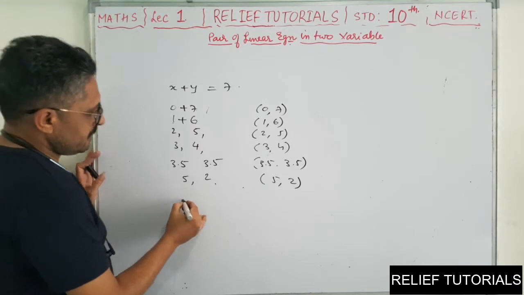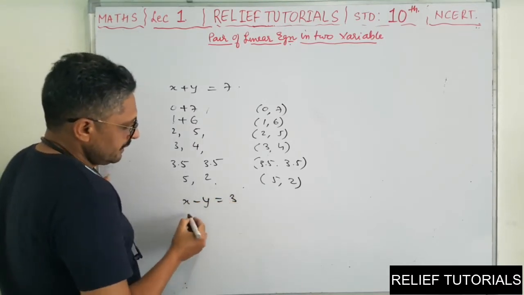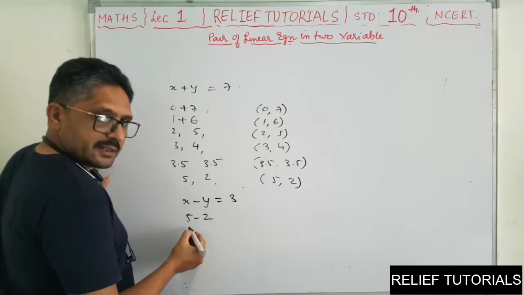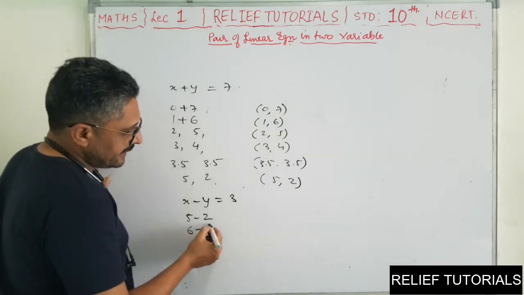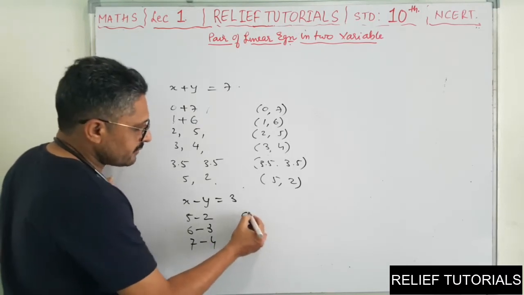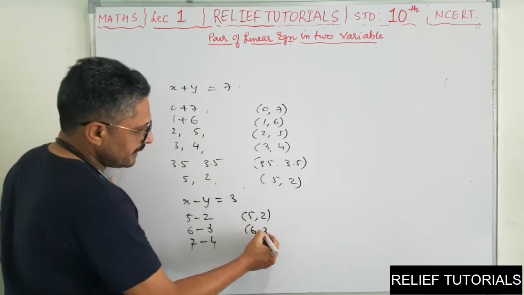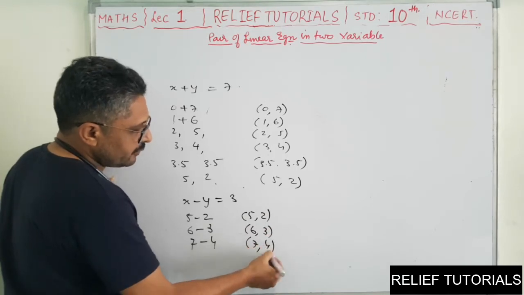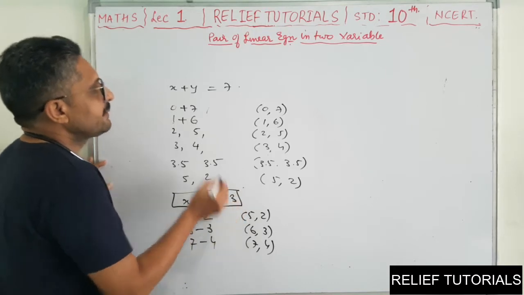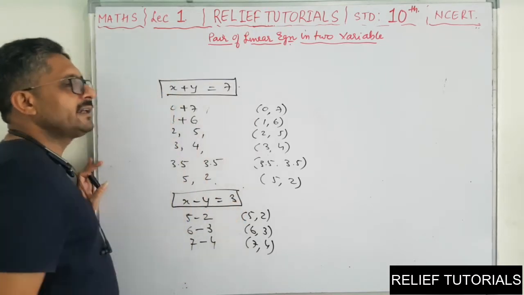See, x minus y equals 3. 5 minus 2, 3. Then 6 minus 3 equals 3. 7 minus 4 equals 3. All these, 5, 2, 6, 3, 7, 4, are solutions. So it also has an infinite number of solutions.